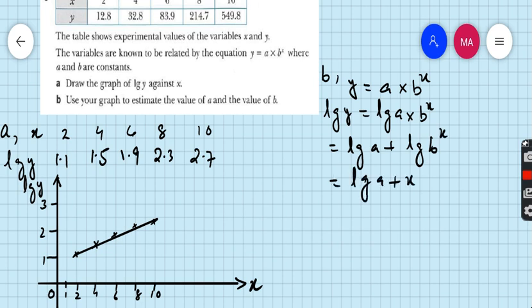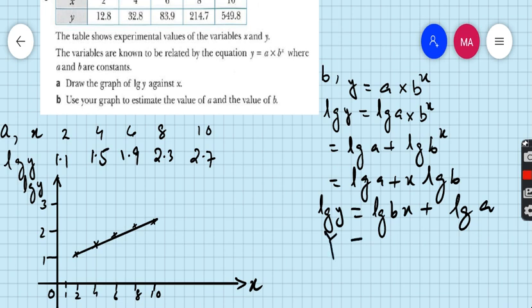Log a plus x log b. And finally write in this way: log y equals log b times x plus log a. And if you compare this with the equation of a straight line, y equals mx plus c.